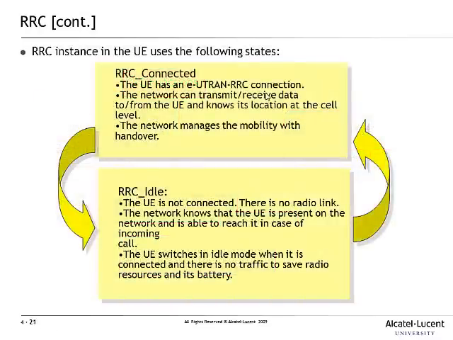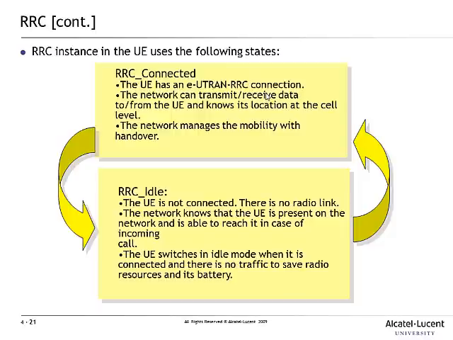Now, in the RRC connected states, there are two possible states that a UE can be in. A UE can be in what is referred to as the RRC connected state. So, in the connected state, you have established a bearer, and the UE can transmit and receive data from the network.